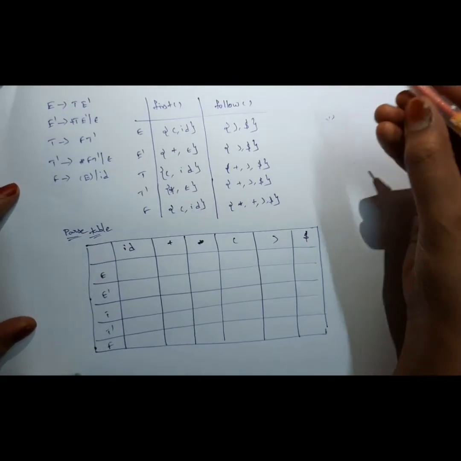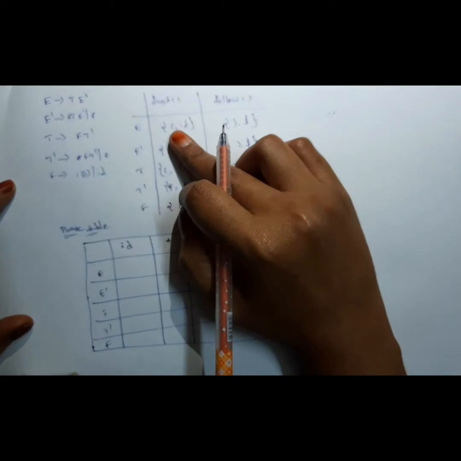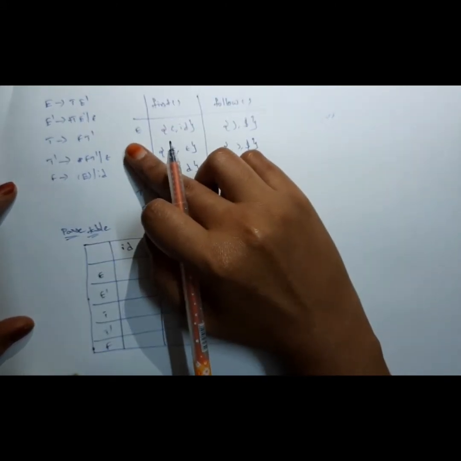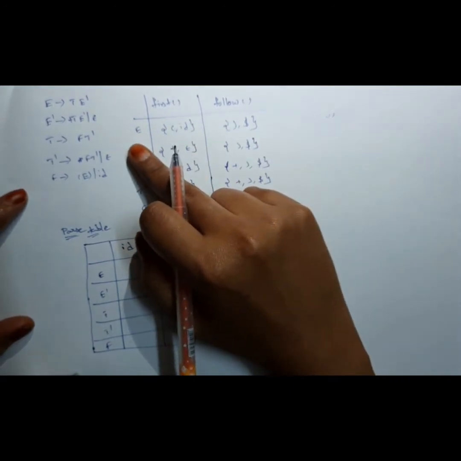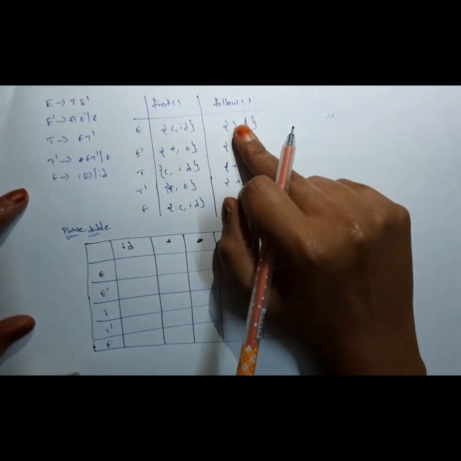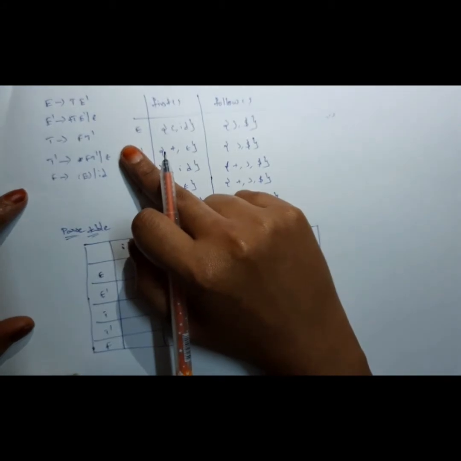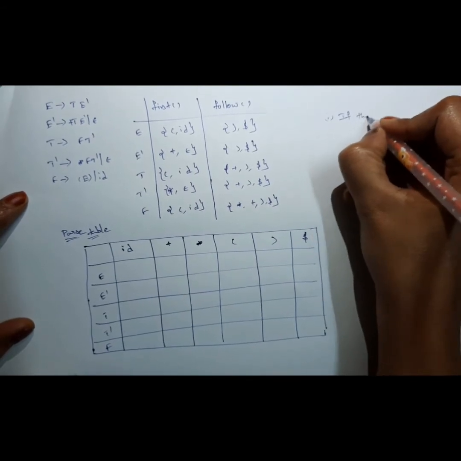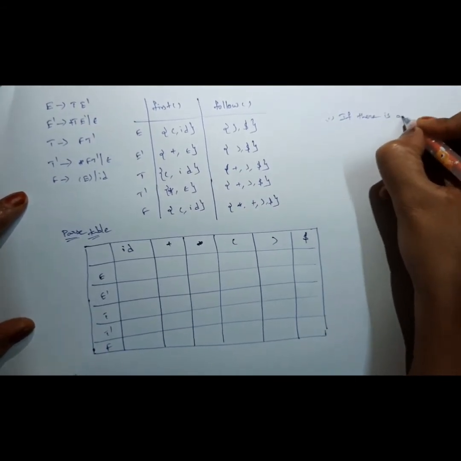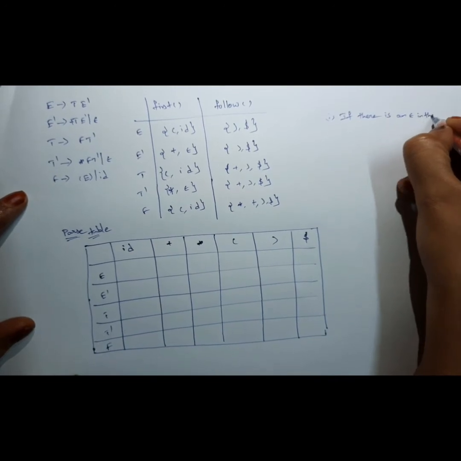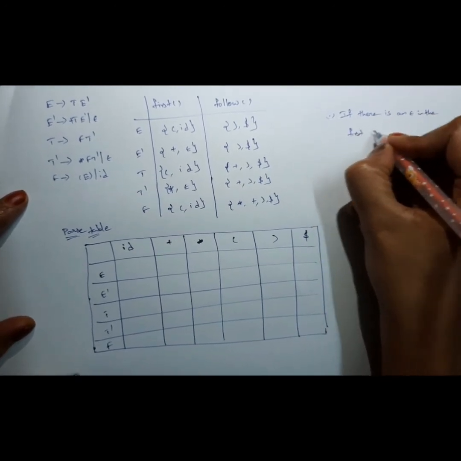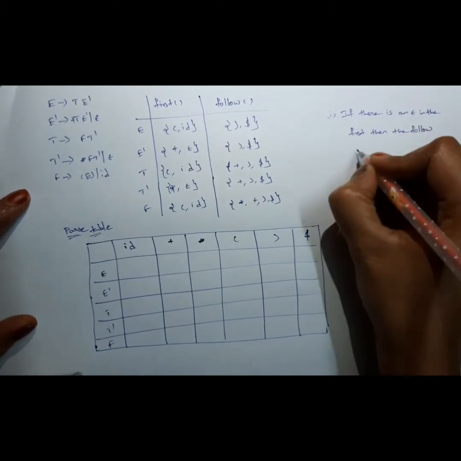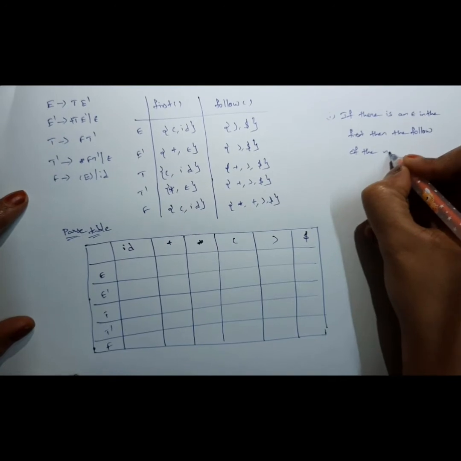See, if there is an epsilon in the first of the non-terminal, then the follow of that non-terminal will be considered.